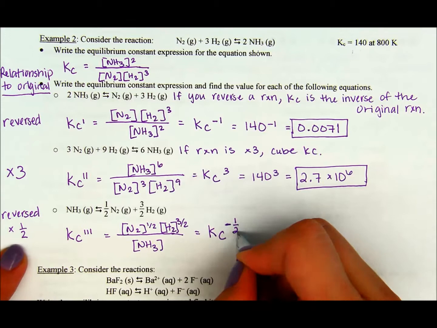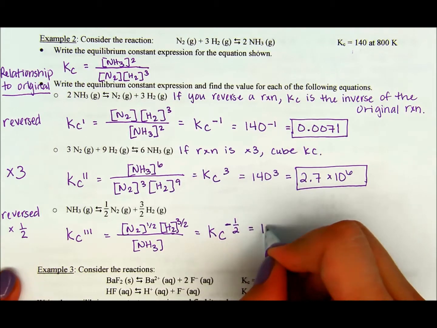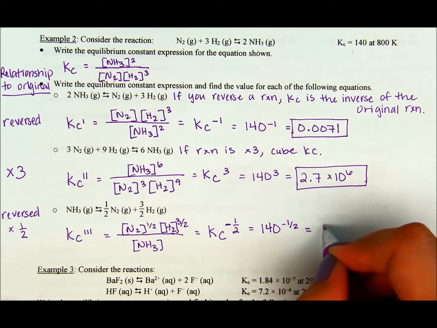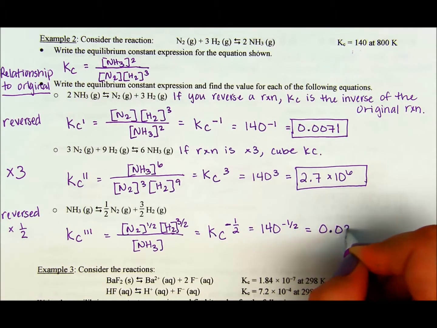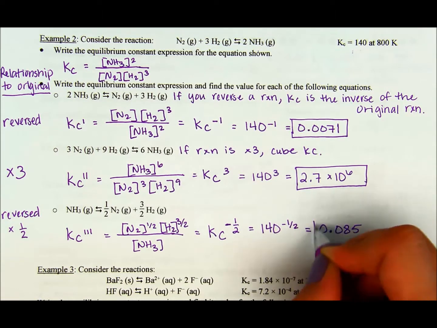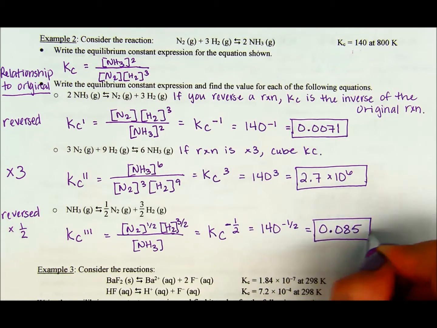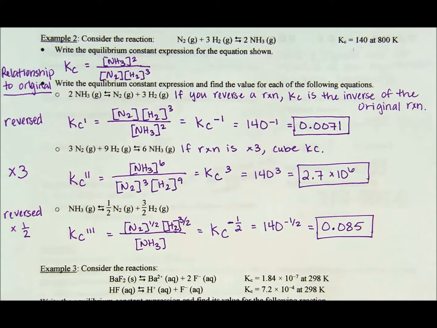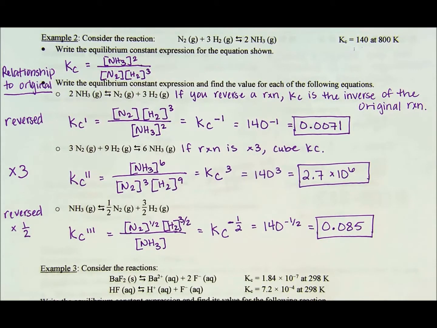So we have Kc to the negative 1/2. That's going to be 140 to the negative 1/2. Plugging that in, your new Kc is 0.085. That is how you manipulate the equilibrium constant to figure out a different reaction that's related to the original without doing a whole bunch of math.